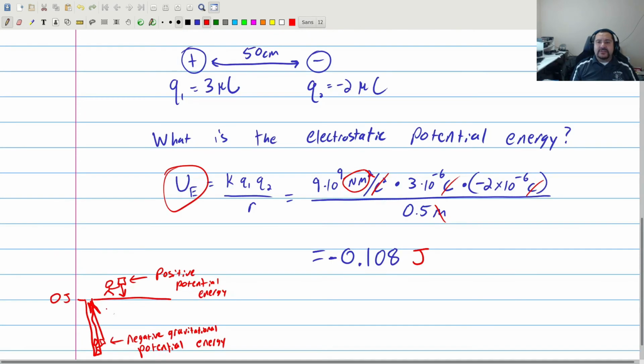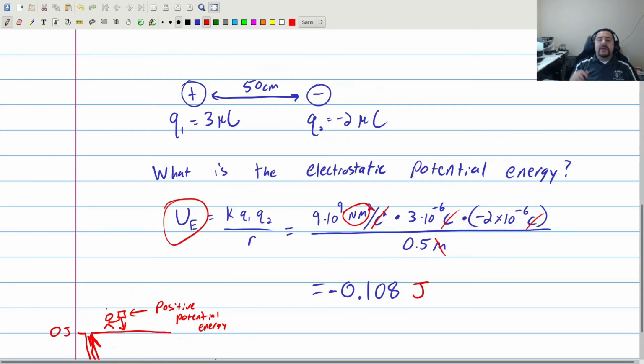Well, the same thing is true with electrostatics. Remember, we said they have zero potential energy when they are infinitely far apart. So in this example, these two charges, if I let them go, will not naturally go back to zero. In fact, they'll be attracted to each other. So to get them back to the zero level, to get them back to an infinite distance from each other, I'm going to have to put energy into them.